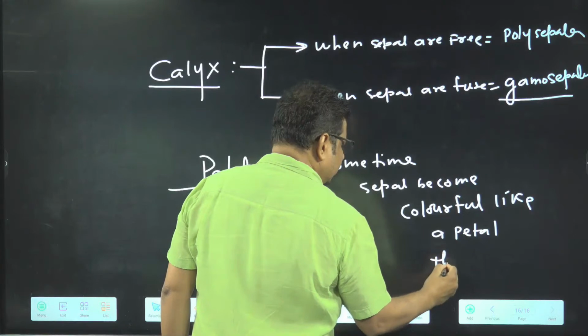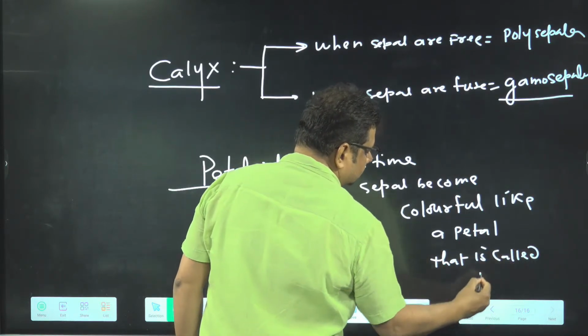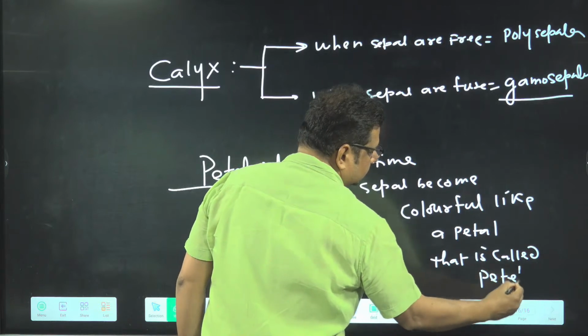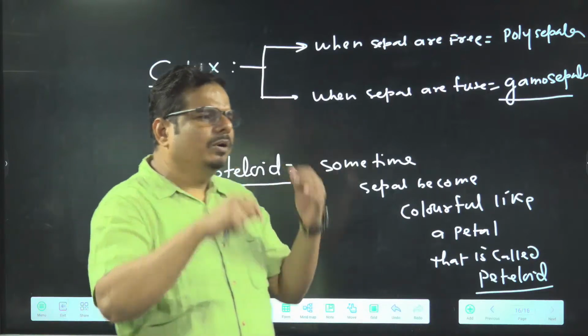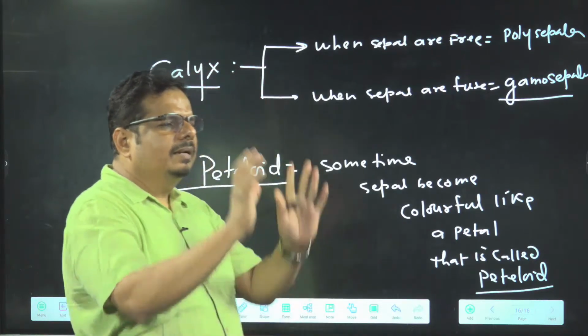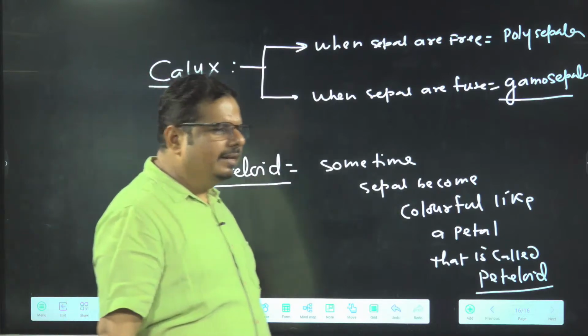That is called petaloid. Sometimes petals become dull in color and do not attract pollinators. So the duty of the petal is done by the sepal. So that condition is called petaloid. Getting the things or not?